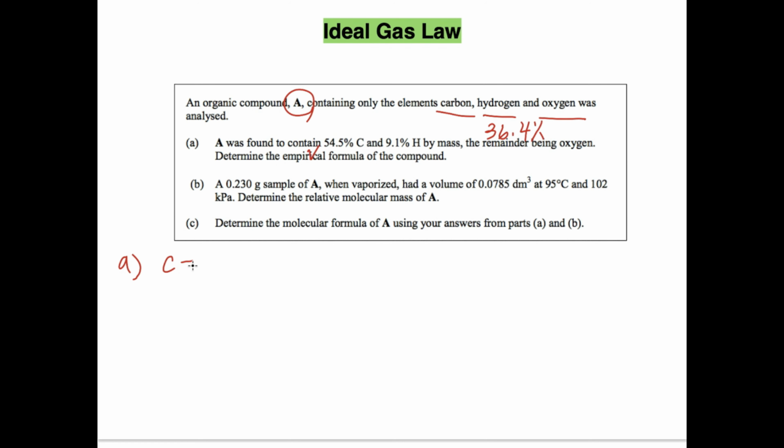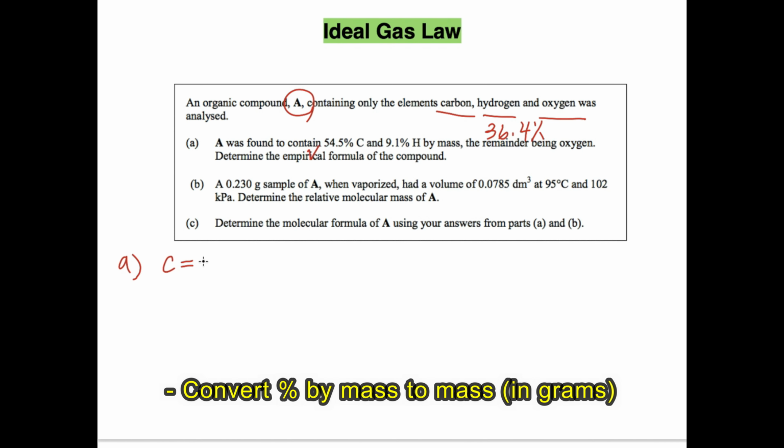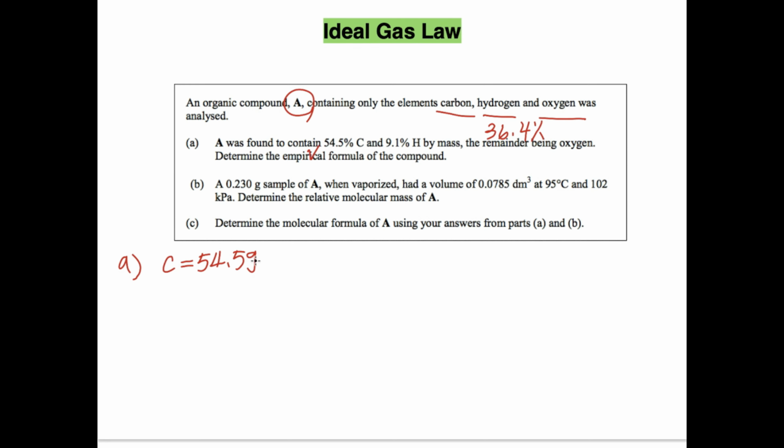We did this before in our previous videos. So we can change the percentage by mass into mass: 54.5 grams, 9.1 grams, 36.4 grams. By using the equation mass over molar mass, we can find the moles of each atom, and then by comparing them using mole ratios, we can find the empirical formula.